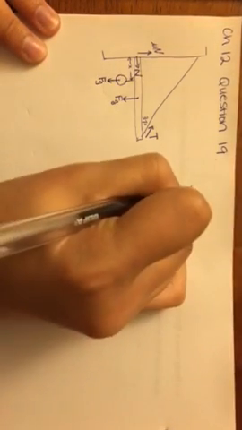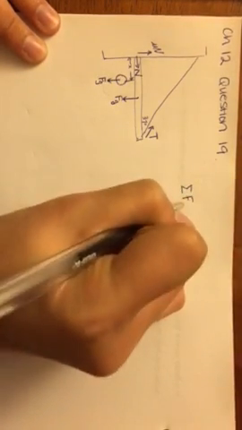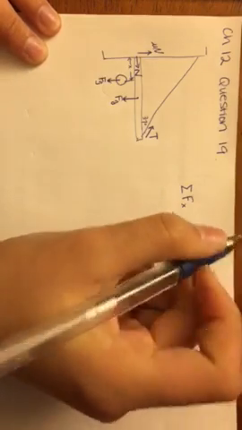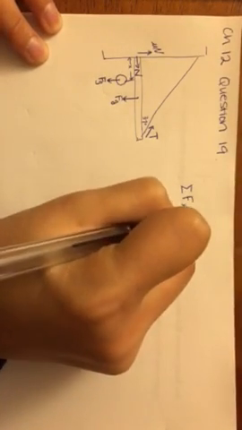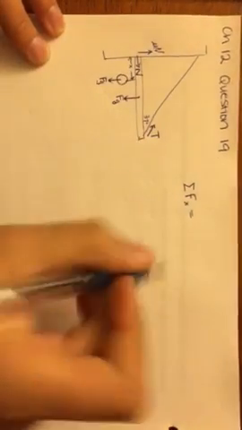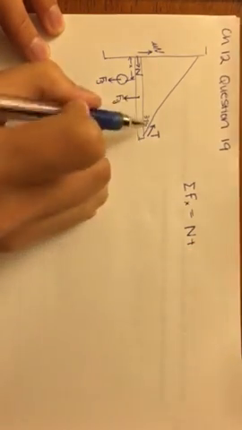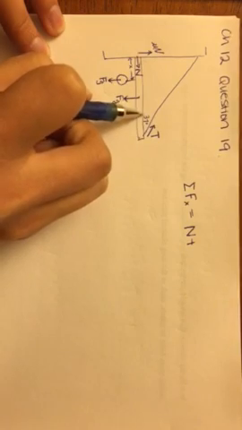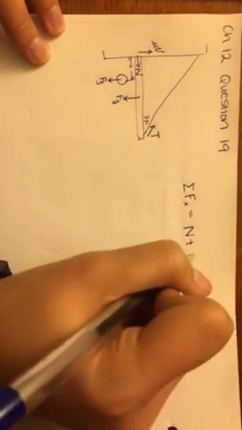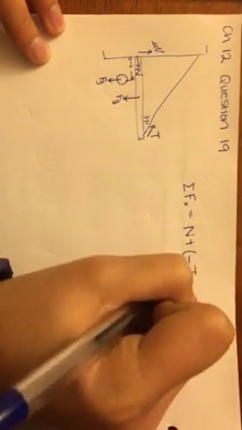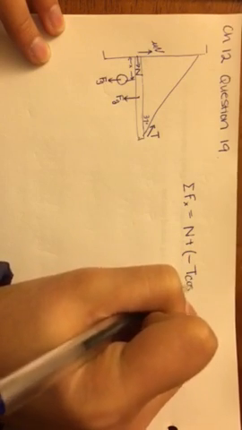We're going to start with the sum of forces in the x direction, which will all equal 0. It includes the normal force here, plus this x component, which is actually going in the negative direction, so it'd be negative T cosine 37.